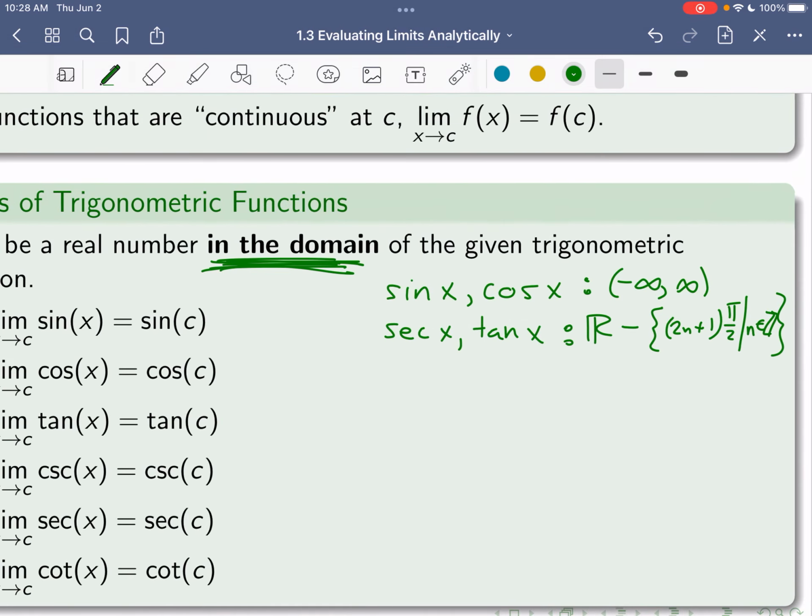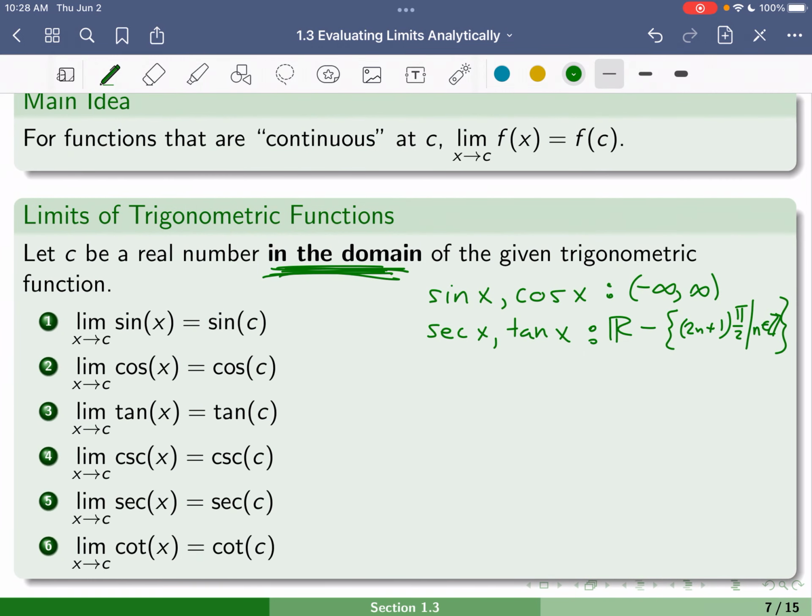That's our domain there. And for cosecant and cotangent, our domain is everything except for all of the multiples of pi, wherever sine would have been 0, and so sine is 0 at all of the multiples of pi.